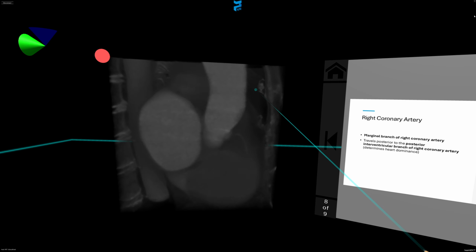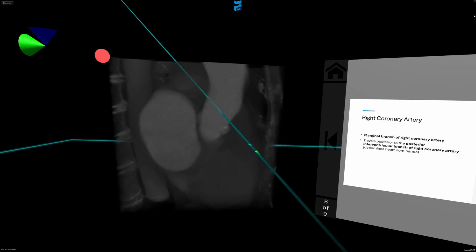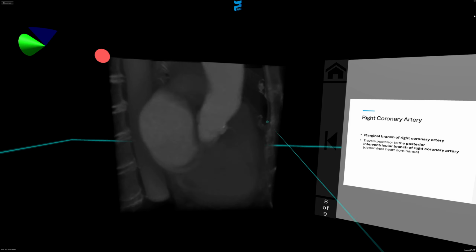The right coronary artery will then continue to travel posterior around the heart, where it will usually give rise to the interventricular branch of right coronary artery, also known as the posterior interventricular branch of right coronary artery.